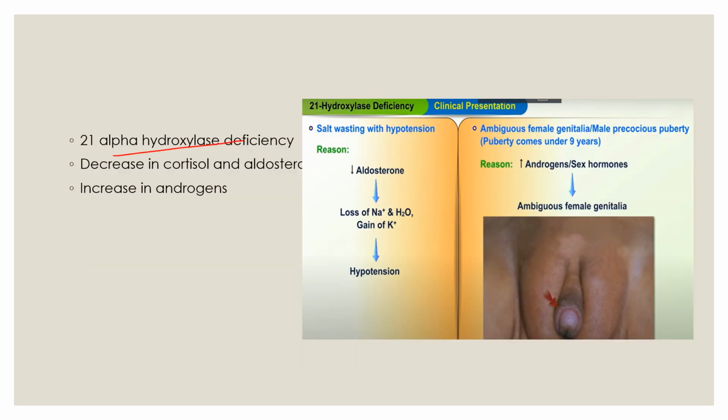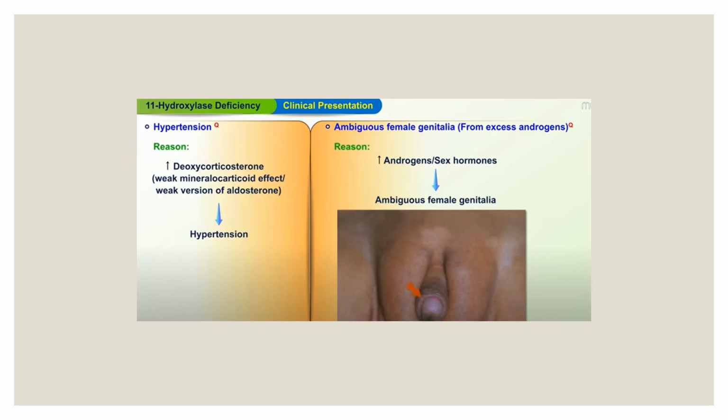So what happens in 21-hydroxylase deficiency? There is a decrease in cortisol and aldosterone with an increase in androgens. Aldosterone is low, so there is loss of sodium and gain of potassium, and there is hypotension because loss of sodium and water leads to hypotension. There is salt wasting with hypotension. So ambiguous female genitalia with male precocious puberty because there is an increase in sex hormones.